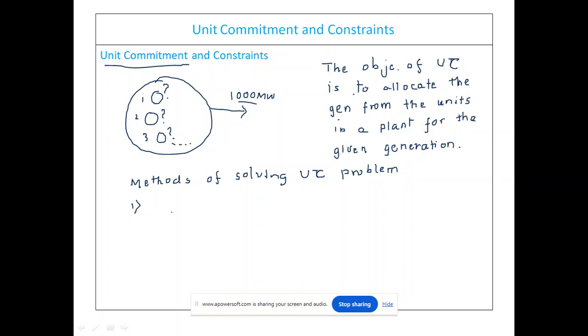One is called priority test. Now these methods we are not going into in detail.